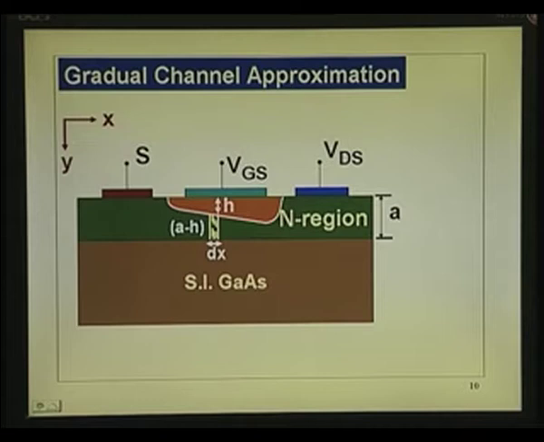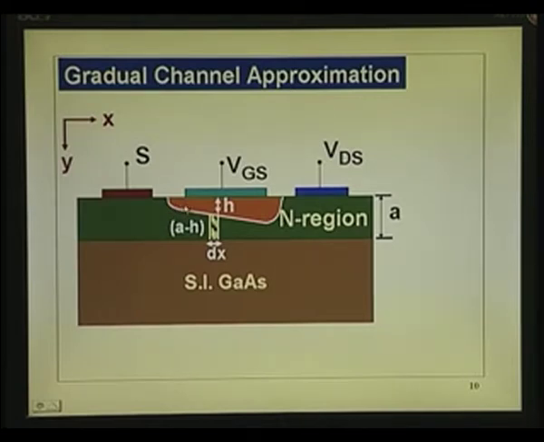At the source end, you cannot neglect this drop compared to the depletion layer voltage drop. In the linear region, the drop from drain to source, that is across the channel length, is small compared to VBI minus VGS. So, VBI minus VGS is the drop here.